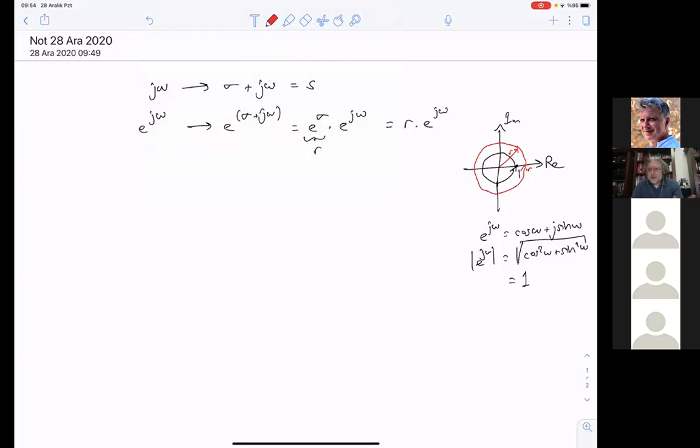But that's not all. It's not the only thing that we will do. R is like our new sigma. Okay, it's actually e to the sigma. So that's our new additional variable. Omega was already there. With the addition of a new variable, it will make an even more complicated expression, r times e to the j omega now. So we have to reduce it into a simple form, just like saying that sigma plus j omega is equal to S. R times e to the j omega will be called Z. Okay.